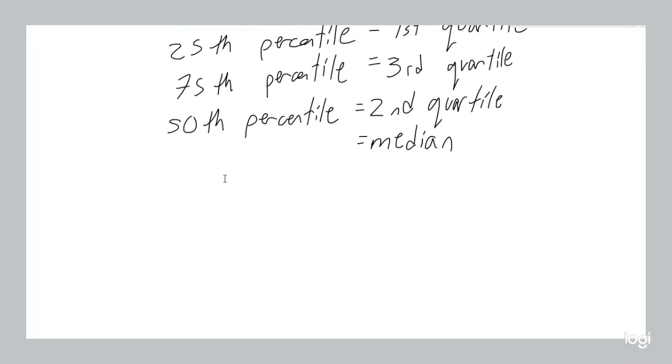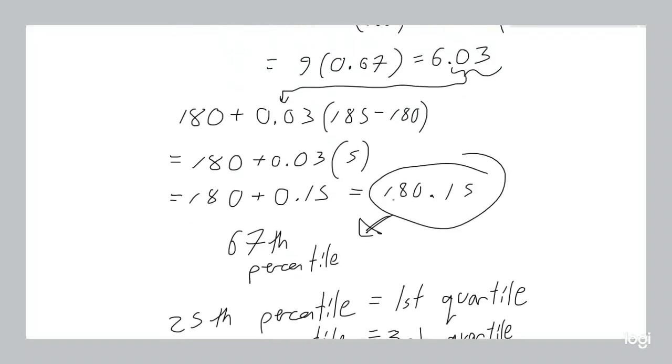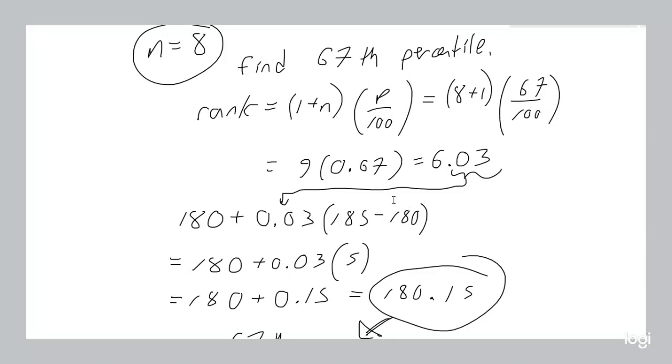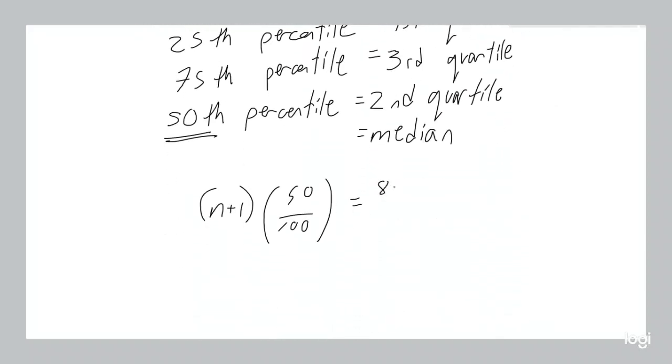The median data point is the 50th percentile. For our example here, if we wanted to find that 50th percentile, we would do n plus 1 times 50 over 100. Our n is 8 in this case, so we would have 8 plus 1 times 0.5, or 9 times 0.5, which gives us 4.5.